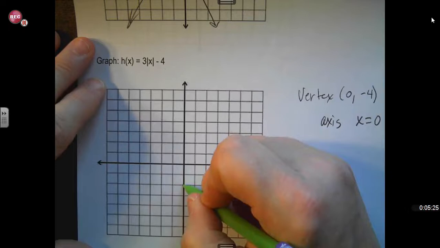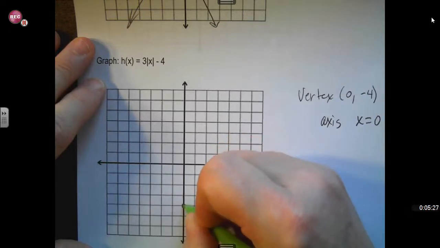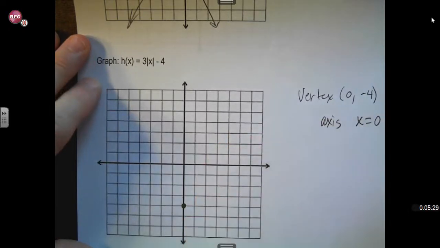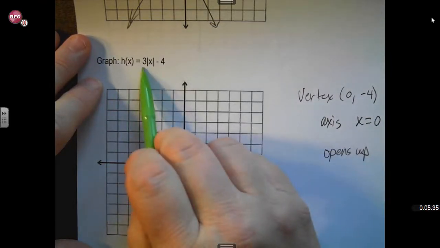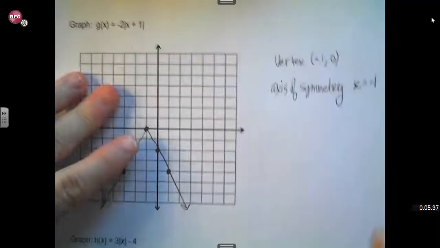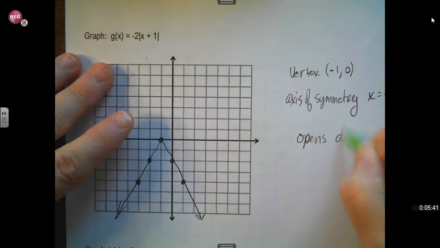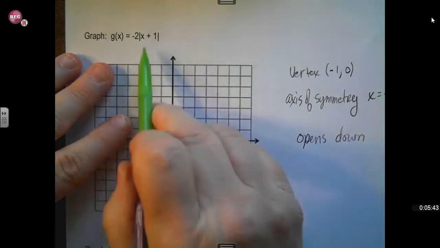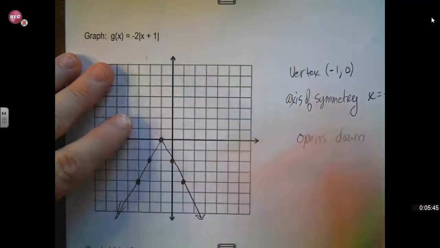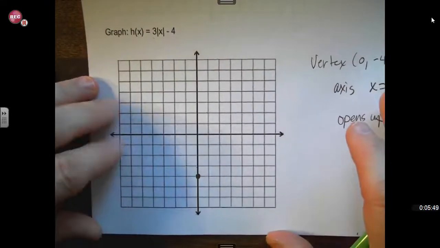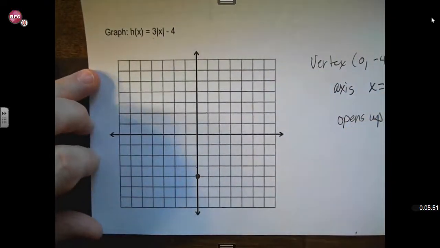This particular absolute value opens up. I know that because the 3 is positive. I could have said that for the previous one as well: I know before I even graph it, it opens down because the number in front of the absolute value is negative.